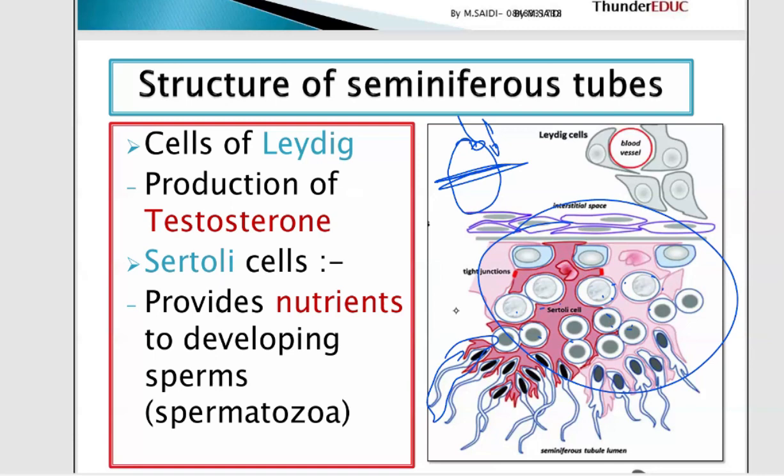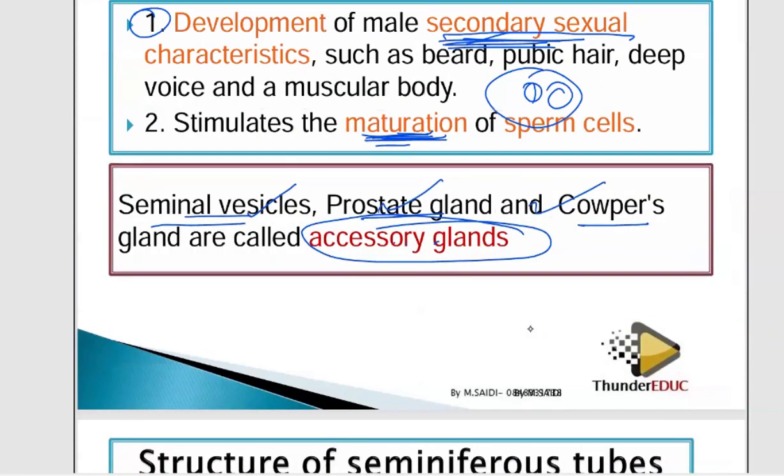Yes, cells of Leydig. These cells of Leydig are responsible for the production of the hormone testosterone. Testosterone is very important in stimulating the maturation of the sperms, for the sperms to mature.